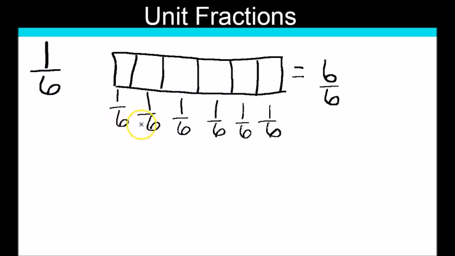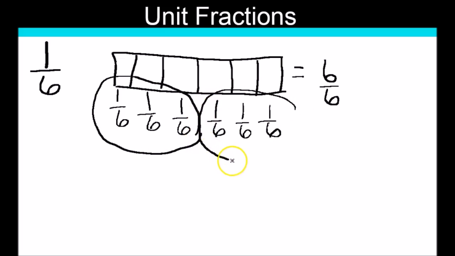So even with them understanding what a half is, you can look at this model and see that half of 6/6 is 3/6, or 3 1/6. So teaching or introducing unit fractions to your students this way will give the kids a better understanding of how to approach a fraction.